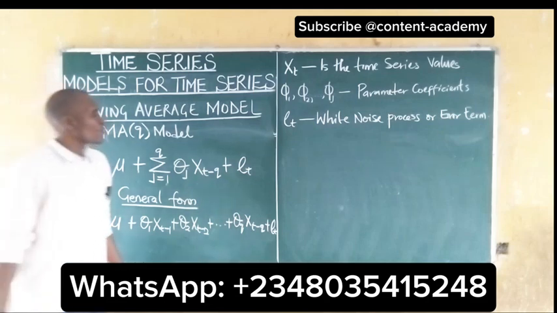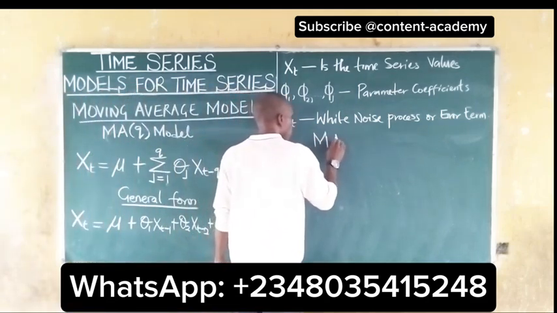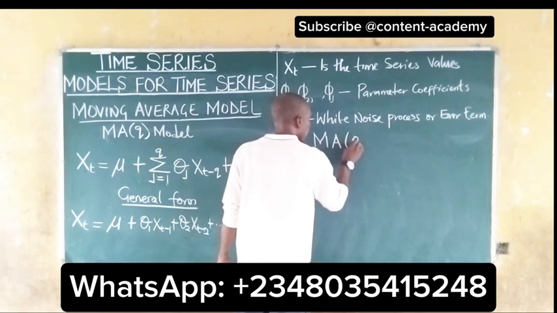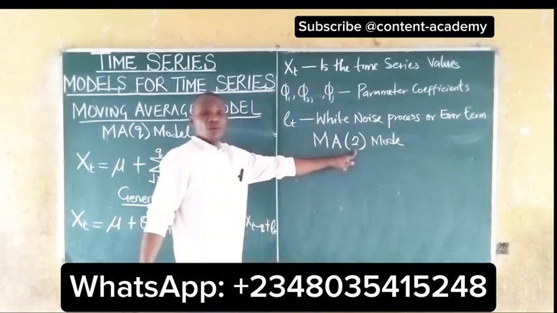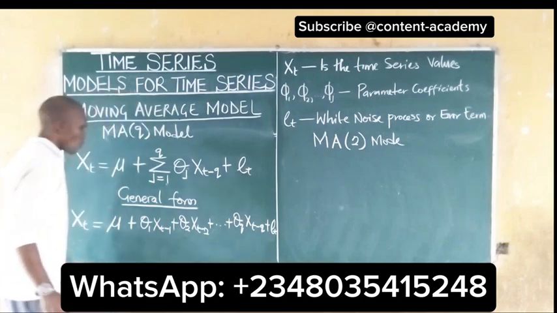For example, we might be asked to write the model for the MA, moving average model of order 2. This 2 means the order. So what do we do?